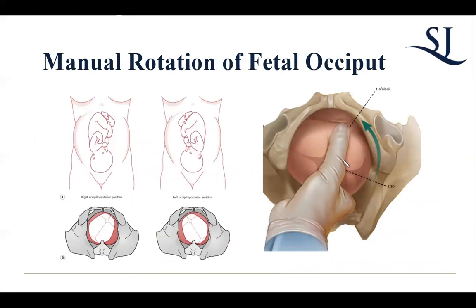And it's just what it sounds like. You put the operator's hand and you tell mom to push, and it encourages your occiput posterior position, which is here. Another way to view that, to bring it anterior.